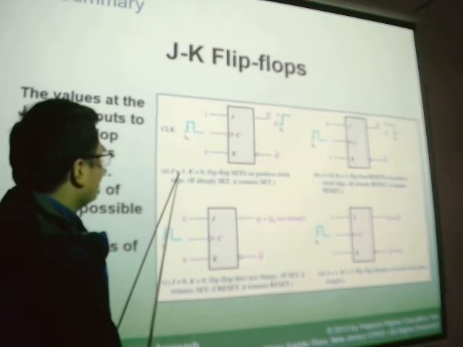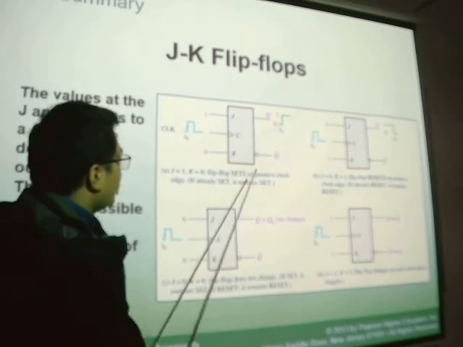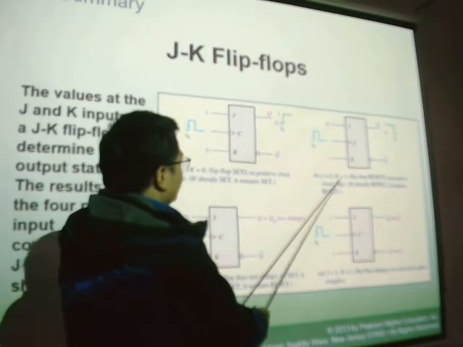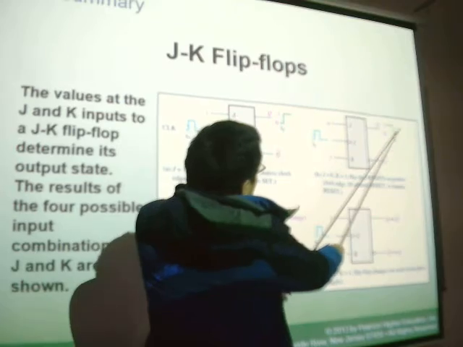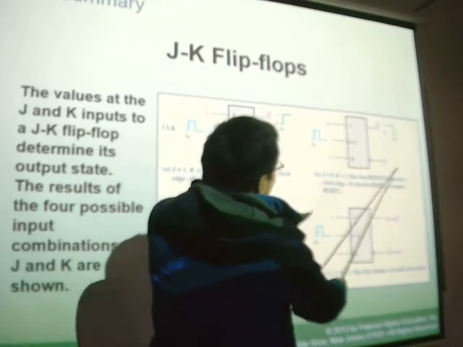When J equals 0 and K equals 1, then the output Q will be 0 and Q bar will be 1.